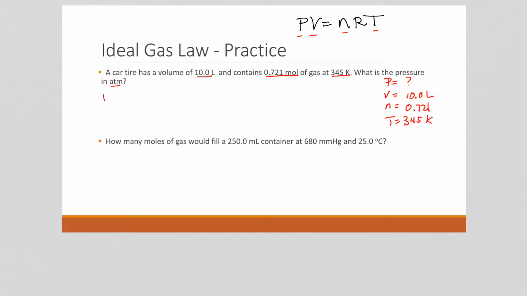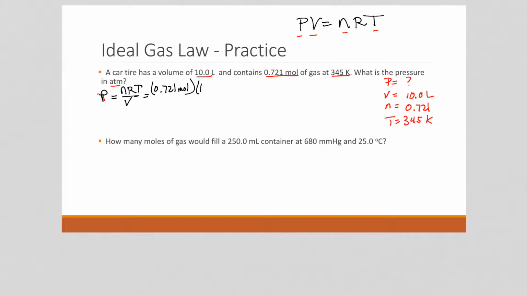Let's start into our equation. Pressure, if we rearrange our equation and move volume to the other side, equals nRT over V. Now we can plug in our numbers. Our n is 0.721 moles.